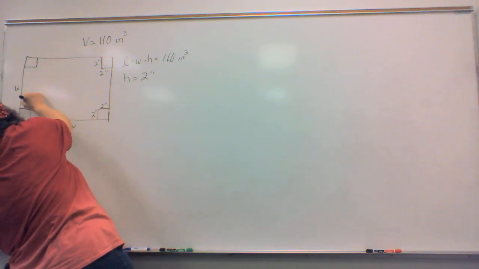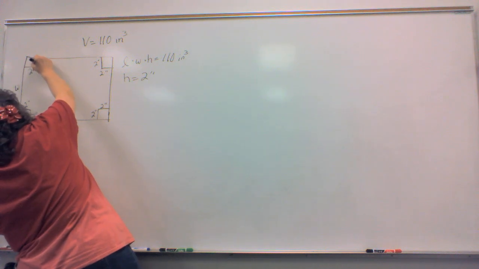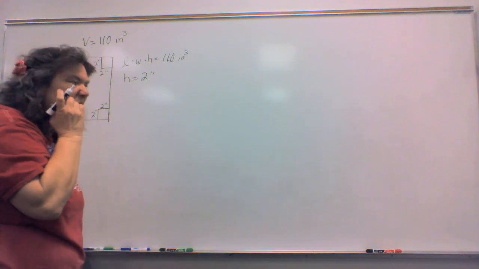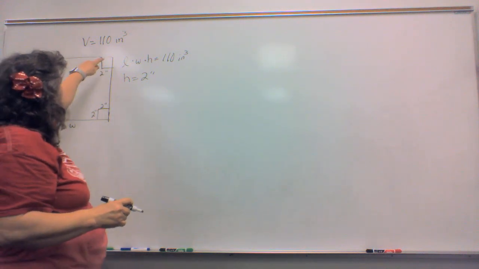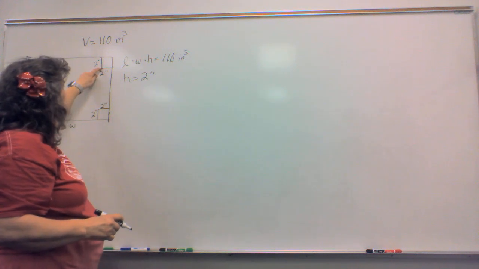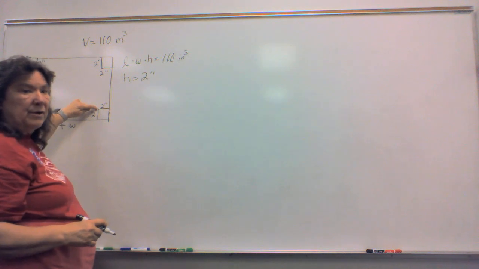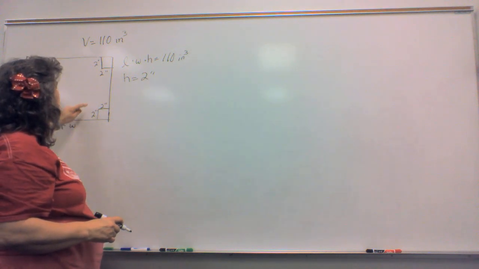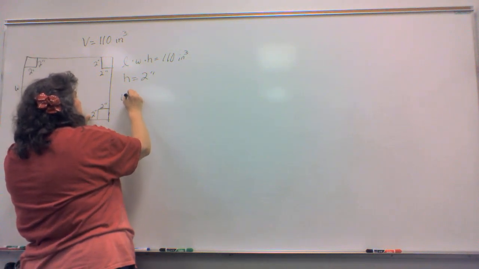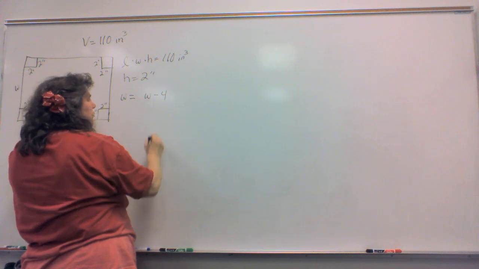But what's happening on the width and the length? Well, if you look at the width, my W is from here to here. But the width of the box, once it's made, is from here to here. So this is 2 inches on each side less than W. So my width is equal to W minus 4.